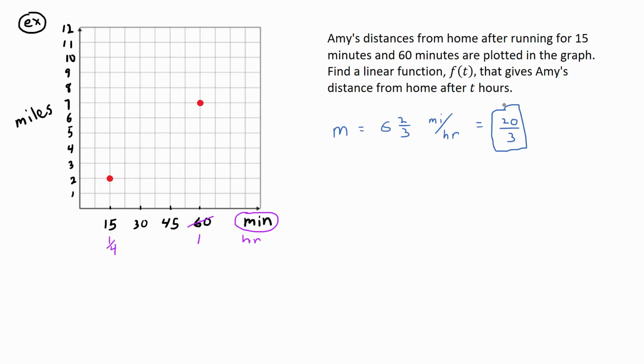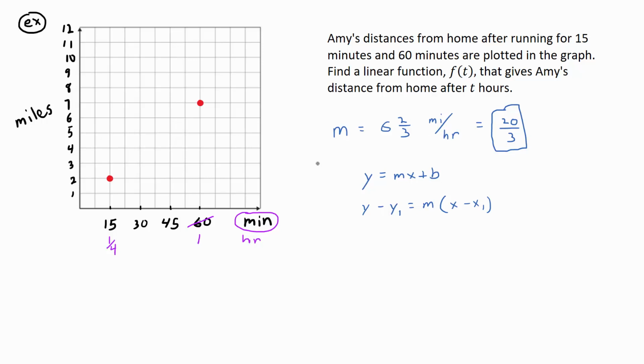This is the number we're going to need to help us find the equation of the linear function that models this situation. So the next question you want to ask yourself, which of the two forms of the equation of the line do we use? Do we use y equals mx plus b form? Or do we use y minus y1 equals m times x minus x1? The first form is called slope-intercept form. The second form is point-slope form.